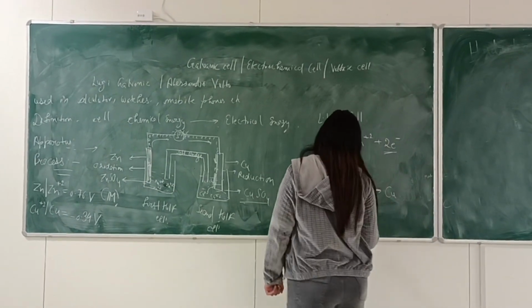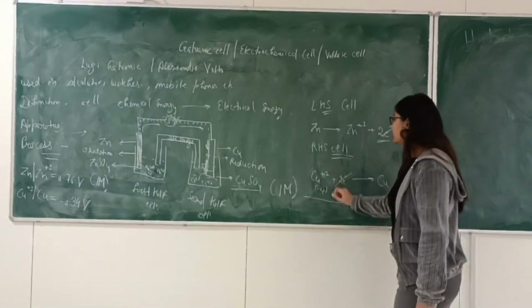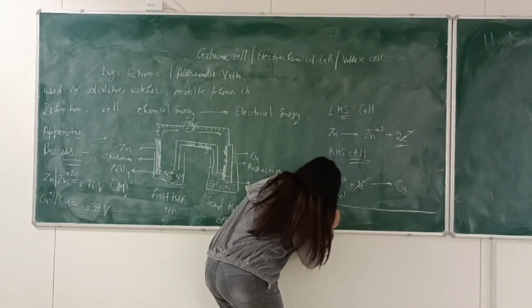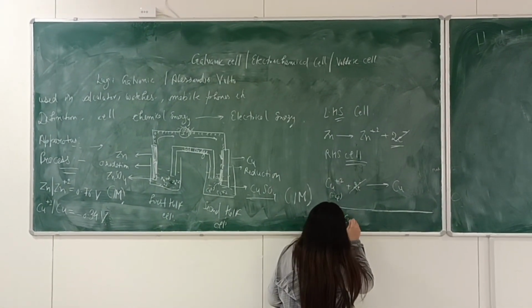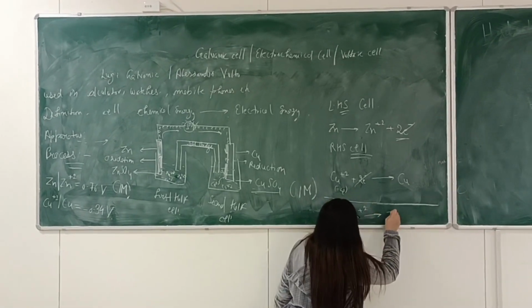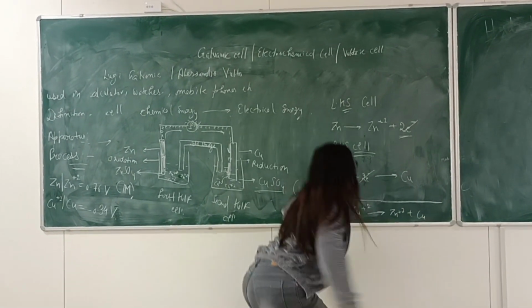Now, if we write the full equation of this cell: zinc plus copper 2 plus gives zinc 2 plus plus copper.